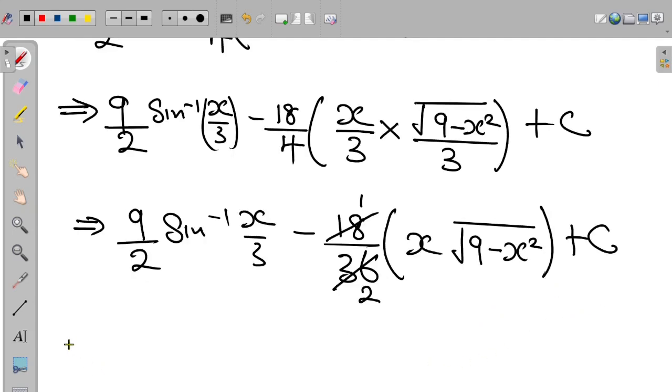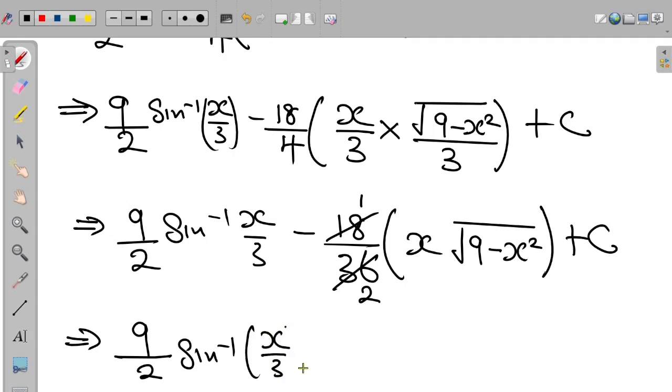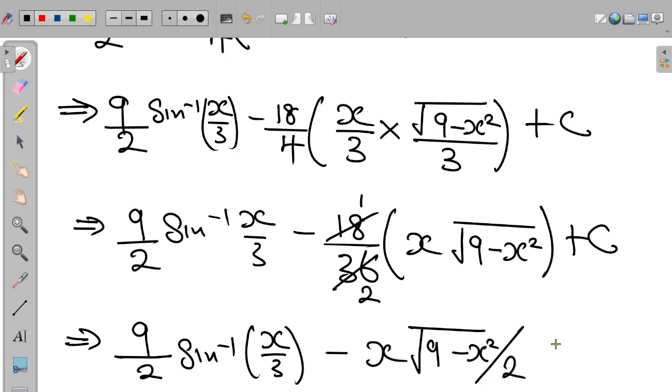So therefore, this becomes 9 divided by 2 sine inverse of x divided by 3 minus x multiplied by root of 9 minus x squared, all divided by 2, plus c. So at this point, we have been able to integrate the function given to us.